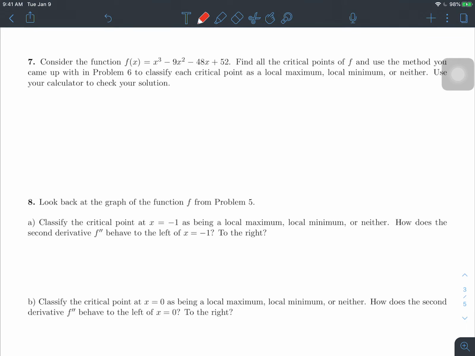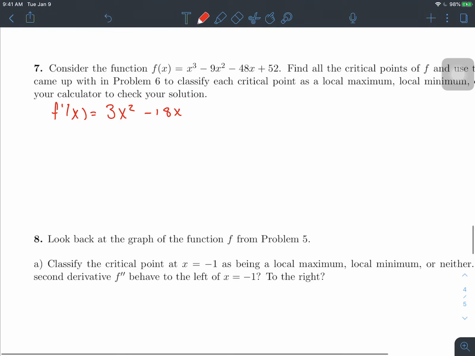So first I should find the derivative. It's going to be 3x squared minus 18x minus 48.